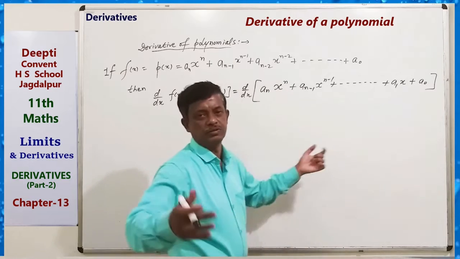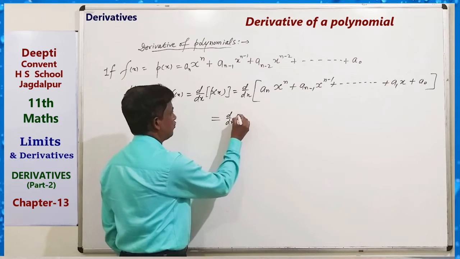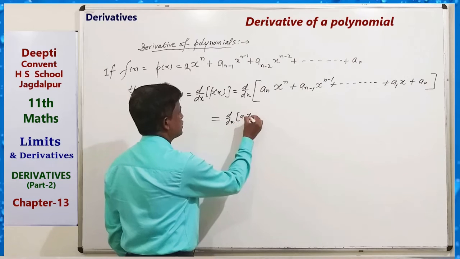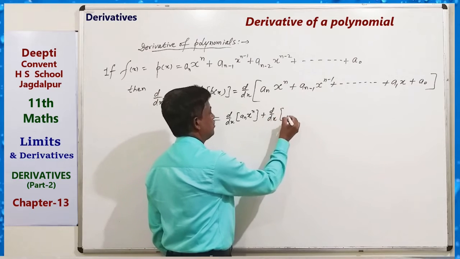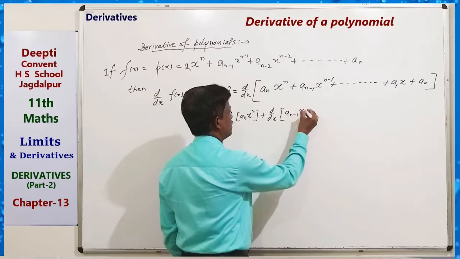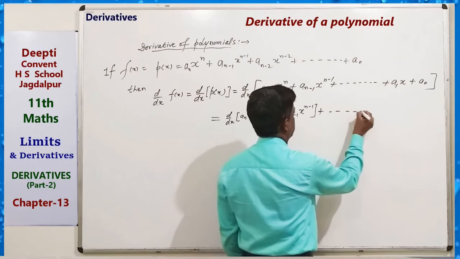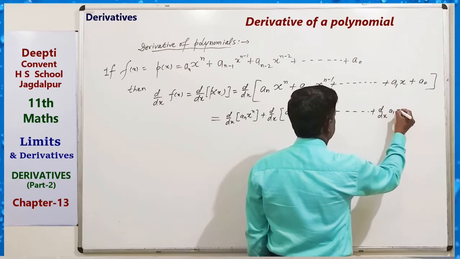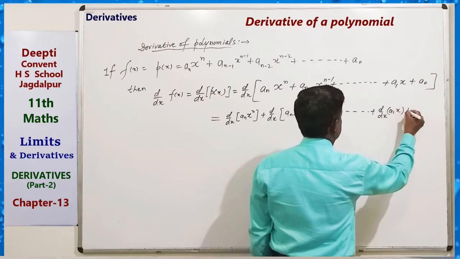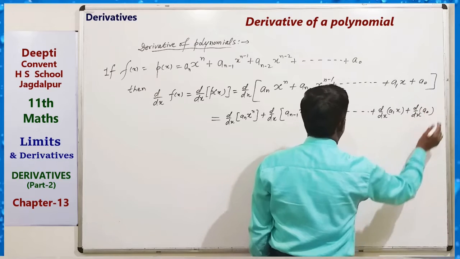So we can distribute. Here d/dx of the first part a_n x to the power n, d/dx of a_(n-1) x to the power n minus 1 plus and so on, d/dx of a_1 x, d/dx of a_0, the constant part.